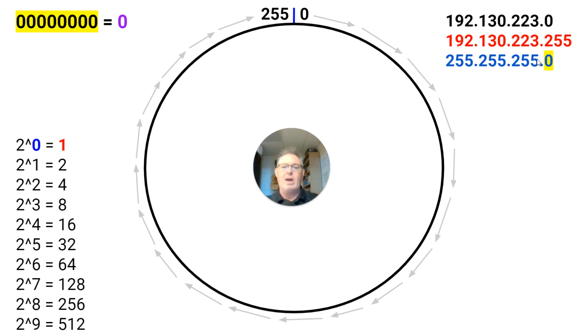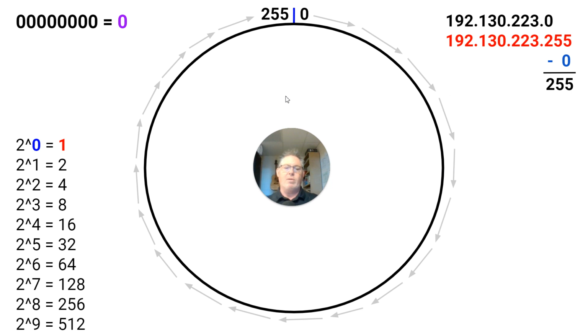Okay, so that's how we need to look at this. This is the decimal version. This is the binary. So there's 8 of them. Since there's 8 binary zeros in the mask, if we look at our Power 2 chart, 2 to the 8th power is 256 numbers, which is 0 through 255.